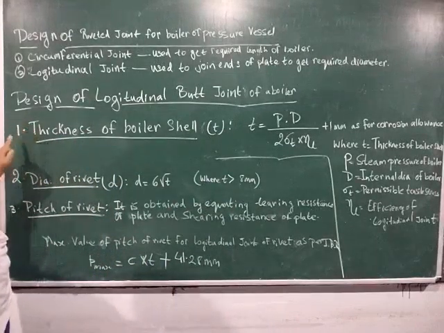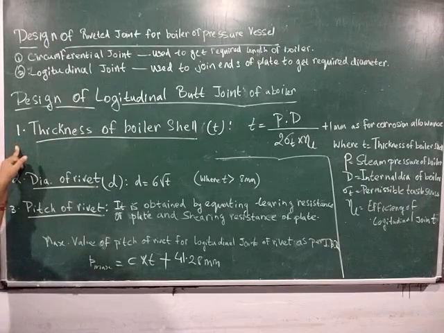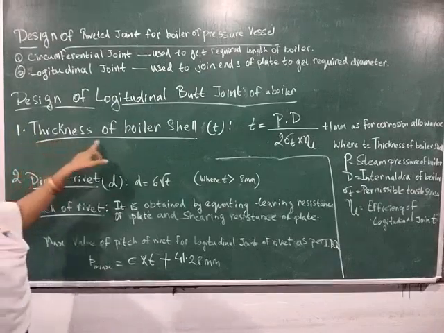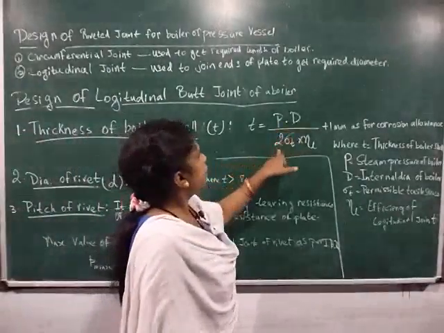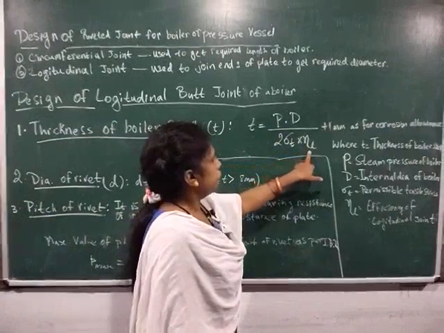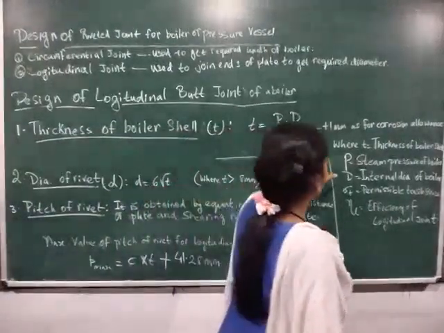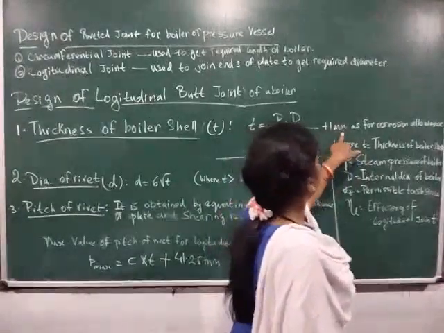First case we will see in design of longitudinal butt joint of a boiler: thickness of boiler shell. So t equal to what? t equals P into D divided by 2 into sigma T into longitudinal efficiency, plus 1. So why is 1 taken?